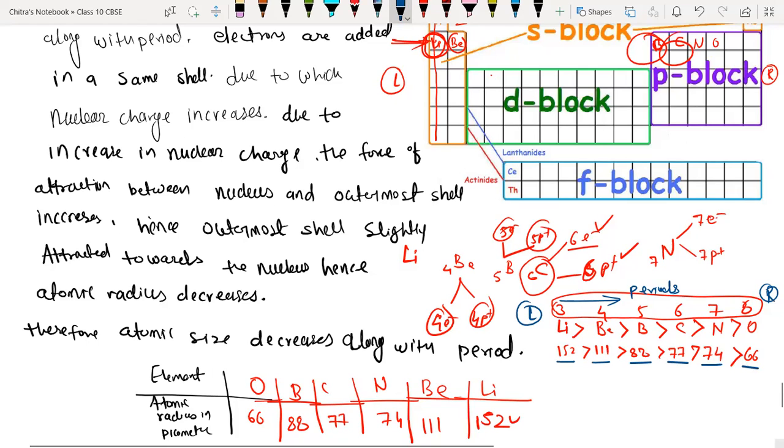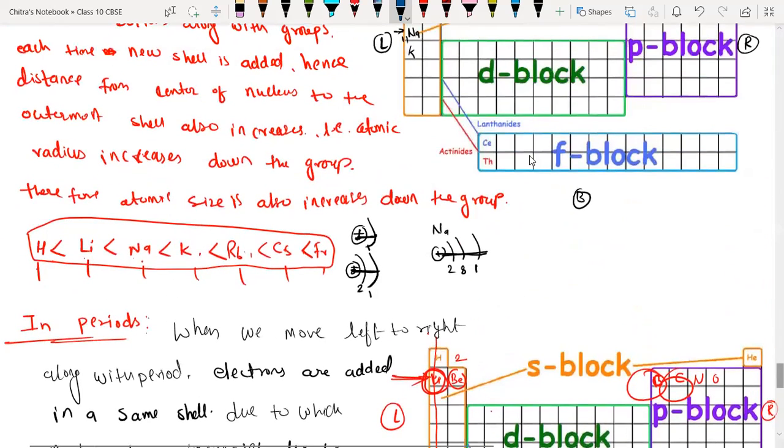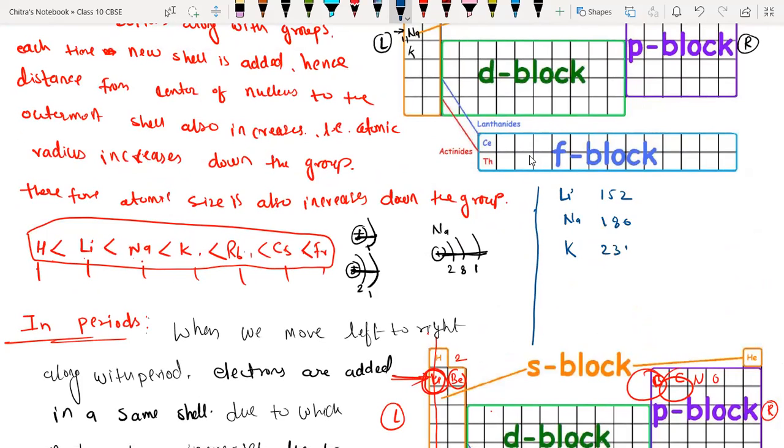Now we can discuss groups also. So I'm writing a few elements for a group. First we have lithium, with atomic radius 152. After lithium we have sodium, 186. After sodium we have potassium, 231.